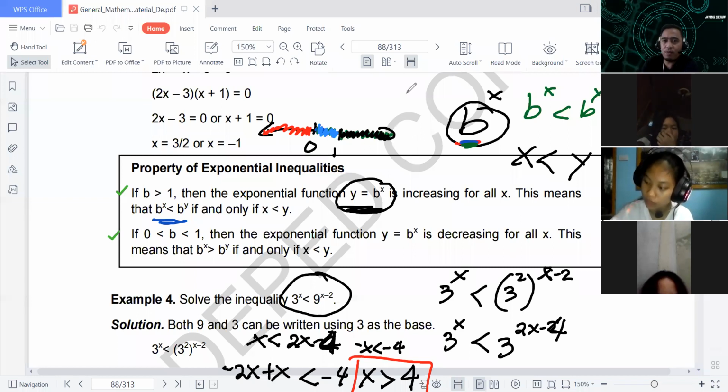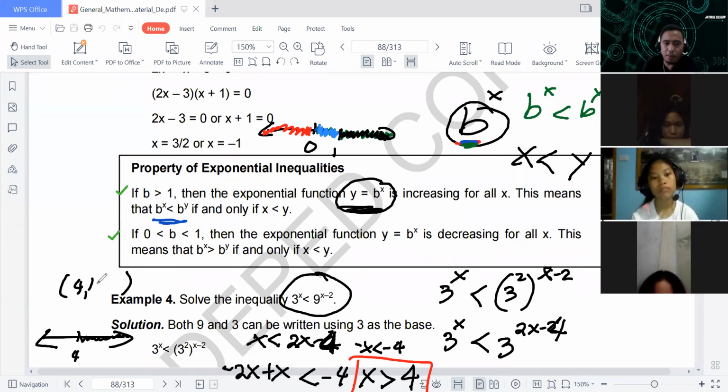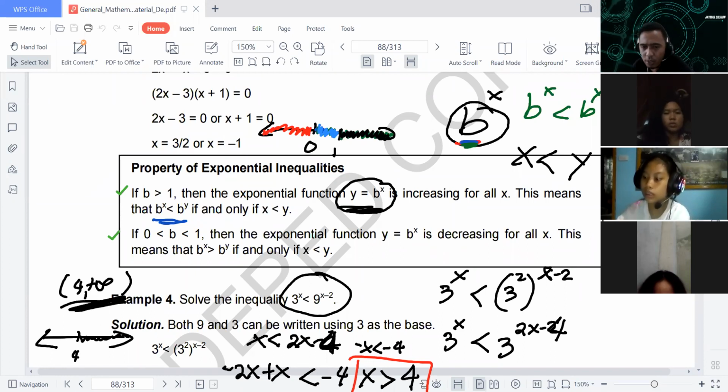If you graph it, this is the form of the answer: x is greater than 4. If this is 4, greater than 4 is somewhere here. If we write it in interval notation, your answer is the open interval from 4 to positive infinity. So this is now your answer.